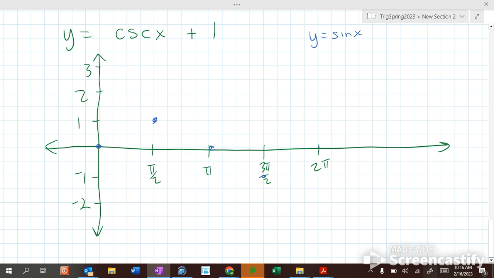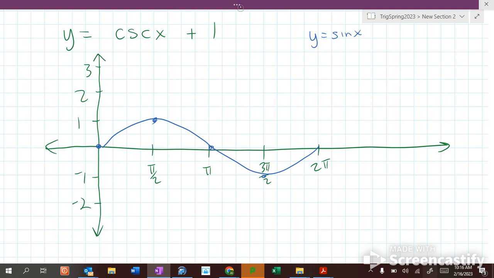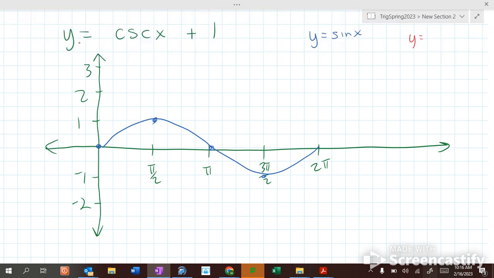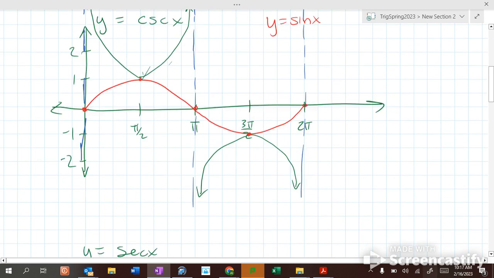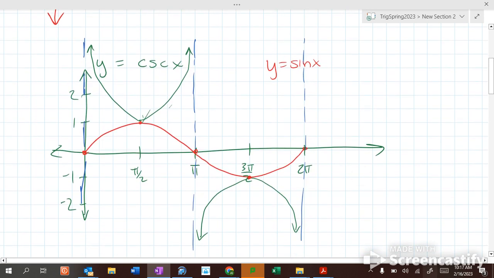And then after that, we're going to move the sine curve where? Up 1. Okay, now, let's watch for a second. This is a cosecant of x. All I'm doing is sliding everything up by 1.